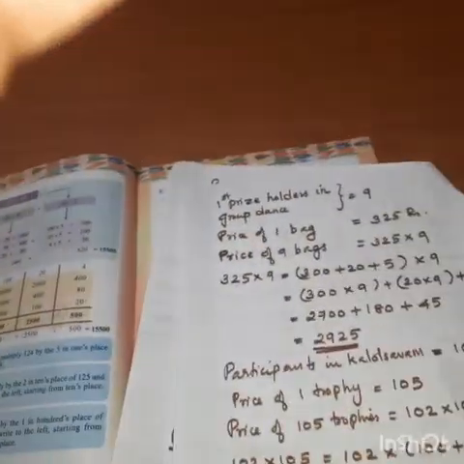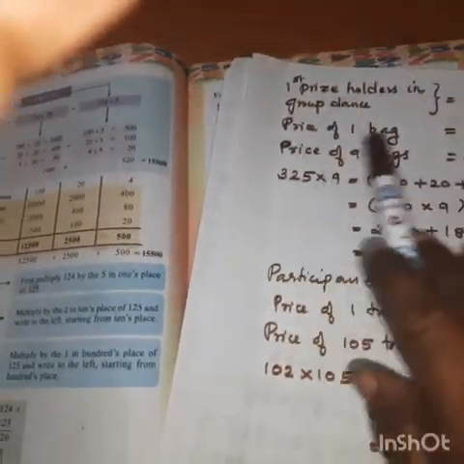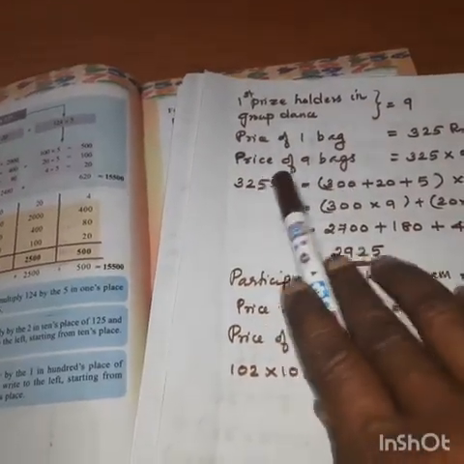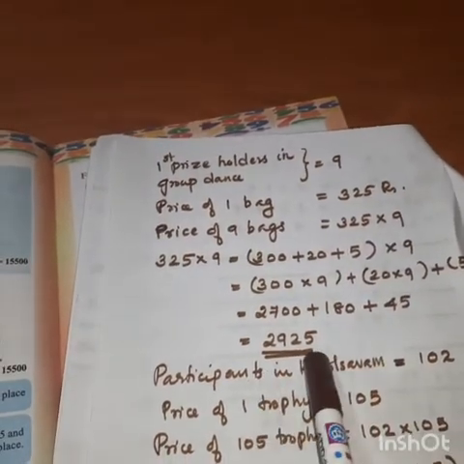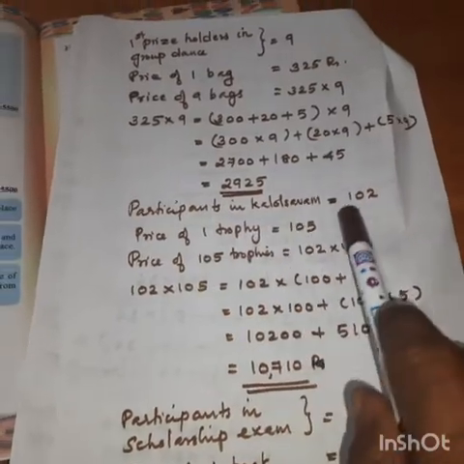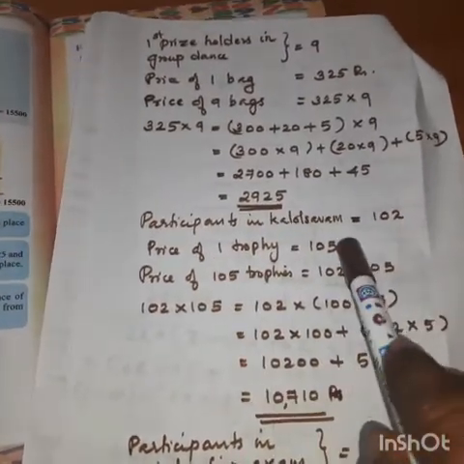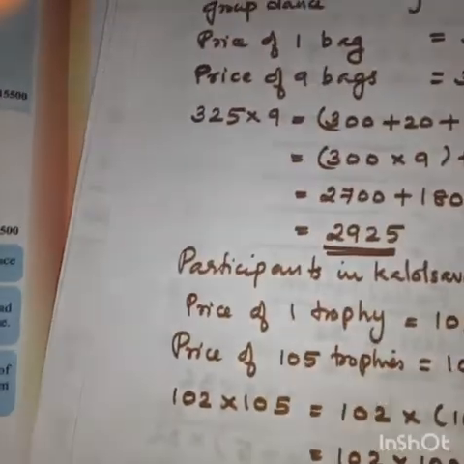Then the first prize holders in group dance, that is 9. They got a bag. Price of 1 bag 325. Price of 9 bags, 325 into 9, 2,925. Then participants in Kalolsavam 102. They got a trophy of rupees 105.